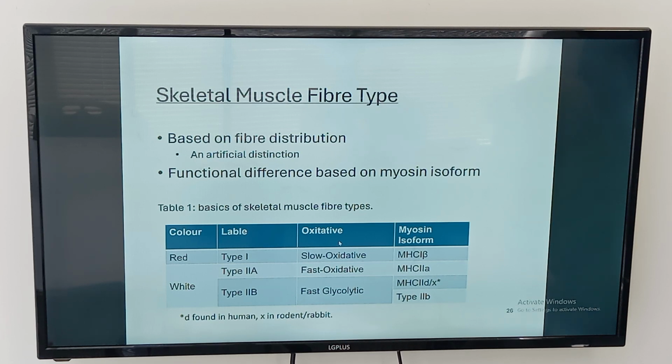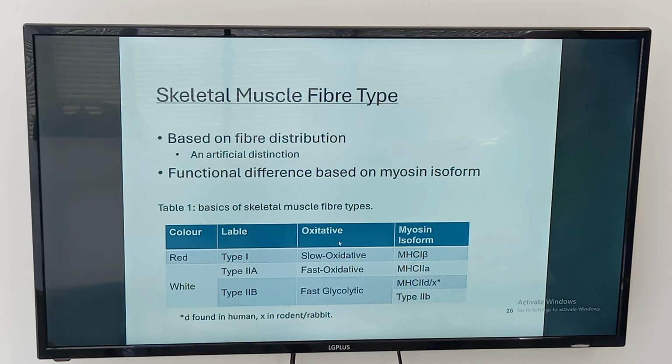The myosin isoform of it is MHC 1 beta, which is the myosin heavy chain 1 beta.